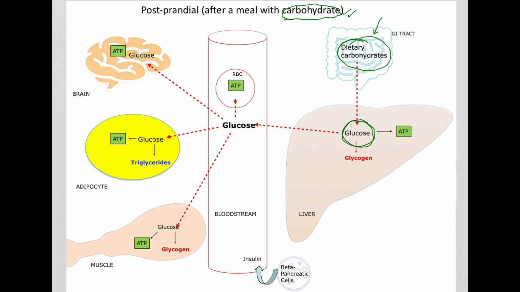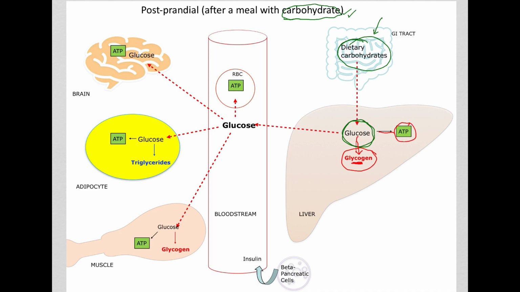So once it's in the liver, some of the glucose will be used up by the liver to generate its own energy, ATP. Some of the glucose will be used up to replenish any glycogen that was used while you were sleeping, for example, during early starvation.